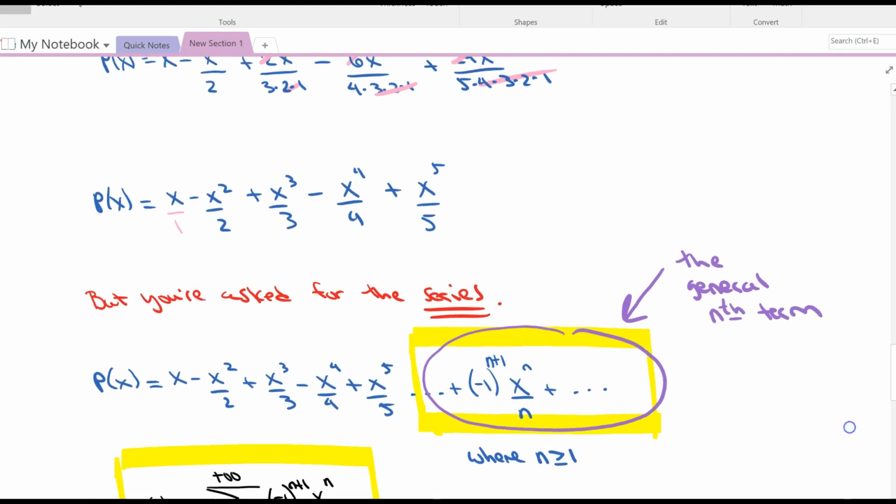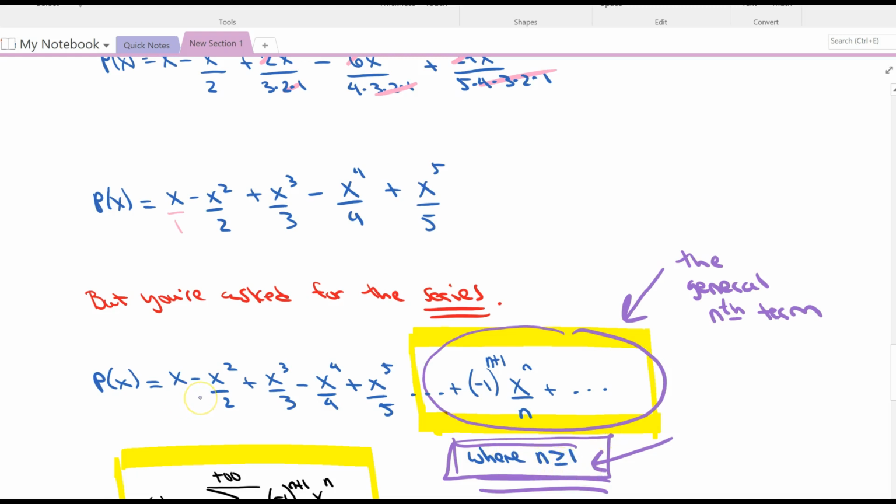You have to know the pattern. You also have to state to the reader what integer value of n you intend to start with. I'll be very honest with you and say most textbooks don't even mandate this. I don't believe the AP does either, but I do. When you put together the general nth term, I need to know where you're starting with n.